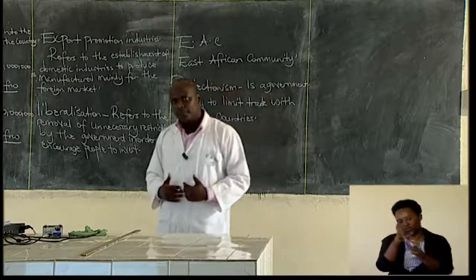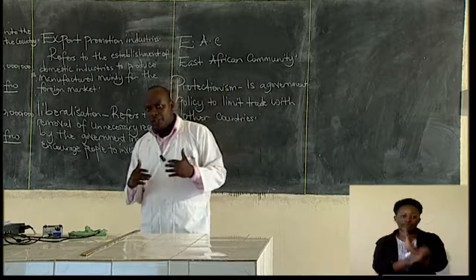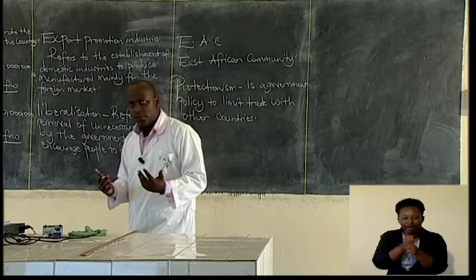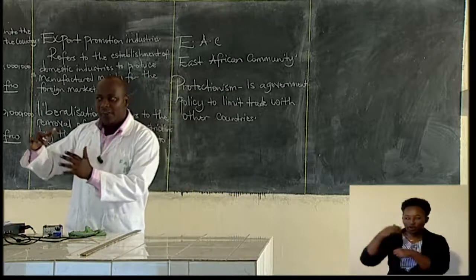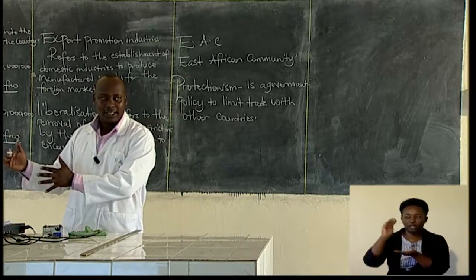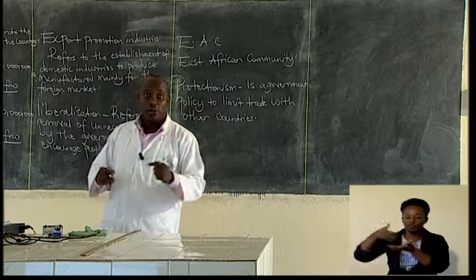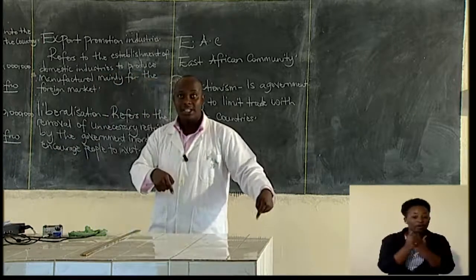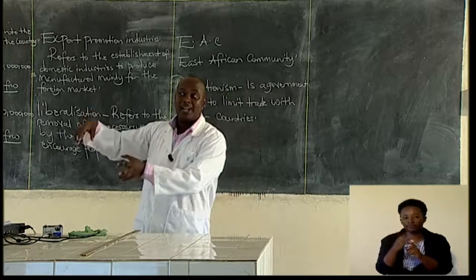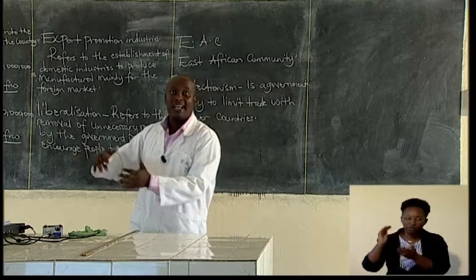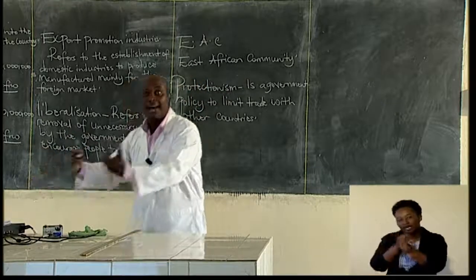Take an example. Now, if a country is producing only coffee, and it exports coffee and the demand for coffee has reduced at the international market, this will affect the country because it is depending on one commodity. If the demand for that product has reduced, the country will sell less coffee and it will earn less.